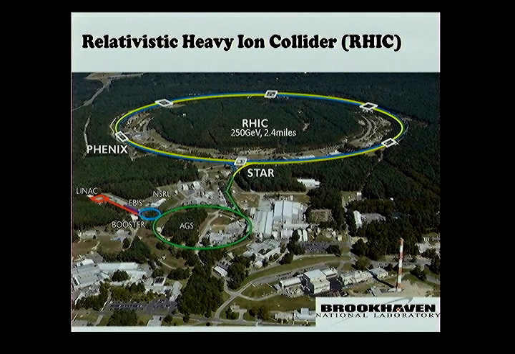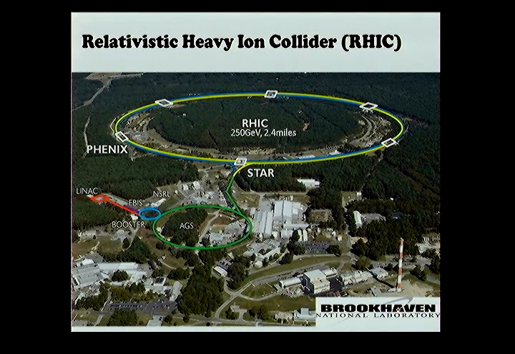As you know, Brookhaven National Laboratory is home to the Relativistic Heavy Ion Collider, or RHIC. RHIC is a double-ring superconducting collider. The circumference of RHIC is 2.4 miles, and the diameter is three quarters of a mile. RHIC is the only running collider in the United States.